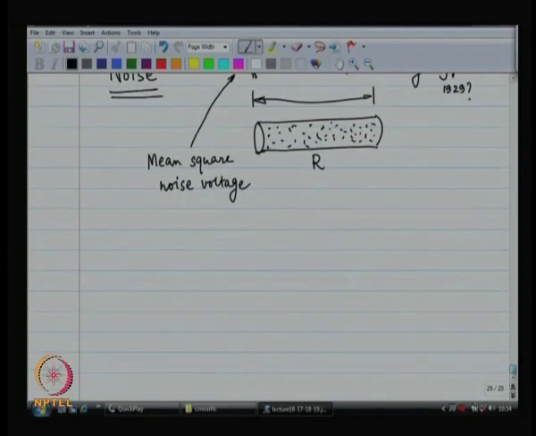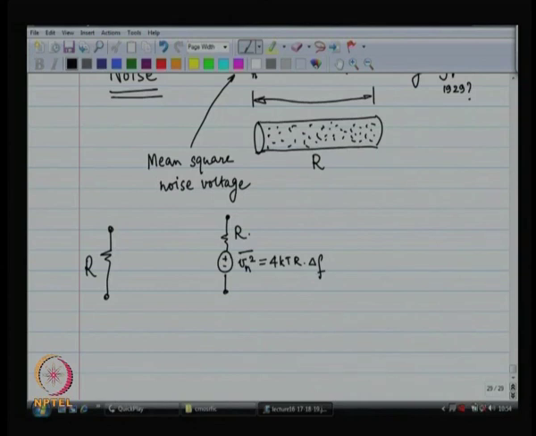So, a resistor is really going to be modeled by a resistor in series with a noise voltage source, okay.